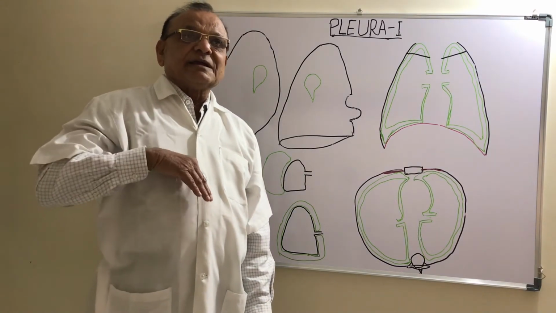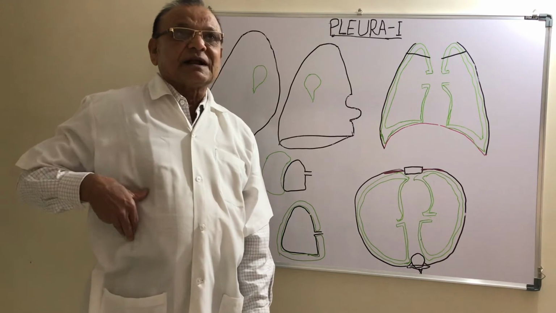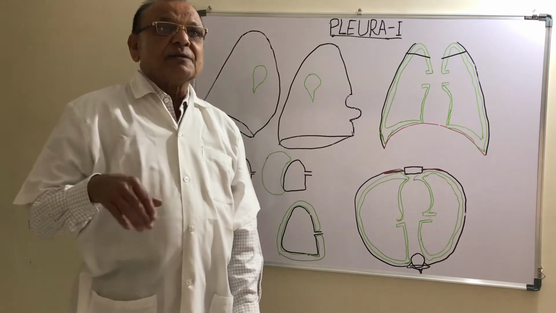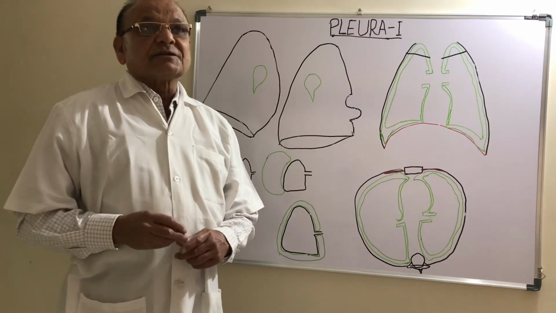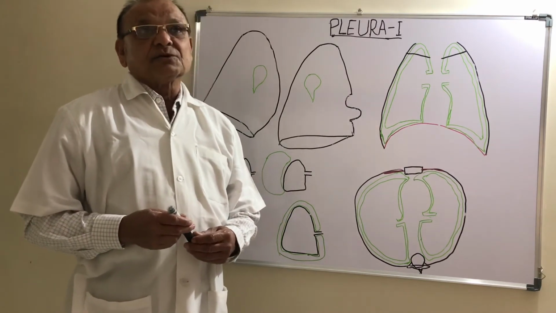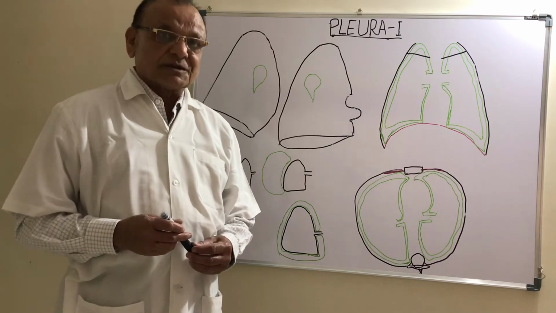You know that the inner surface of the rib and costal cartilage is concave. To adapt to the concavity of the costal cartilage and rib, the lateral surface is convex. It is also called the costal surface.